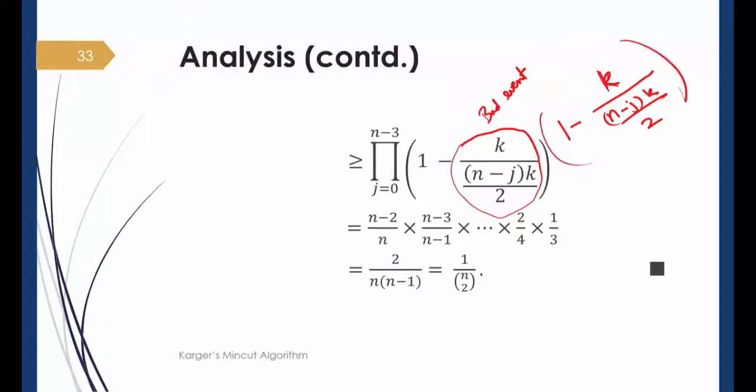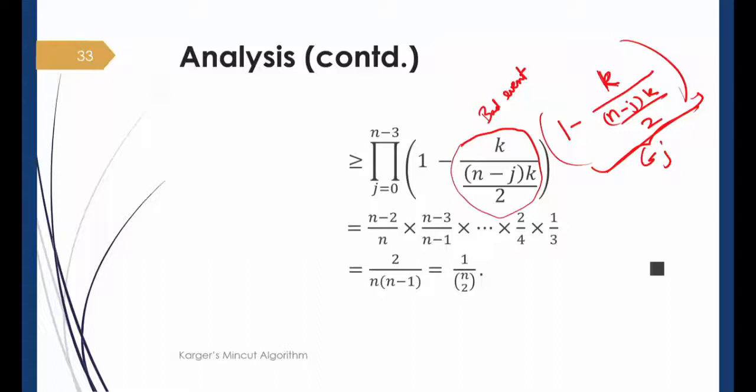So what is the good event? The good event is that the edge that we picked is not actually an element of C star, and this is the good event for one particular j.